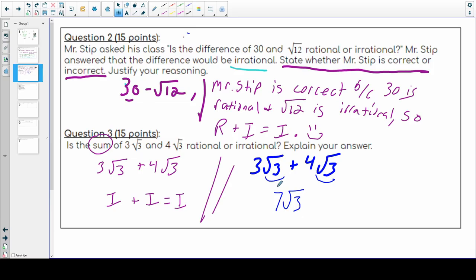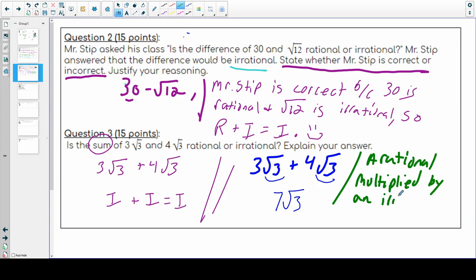Well, 7 is rational, and the square root of 3 is irrational. And we know a rational multiplied by an irrational, there you go, is irrational.